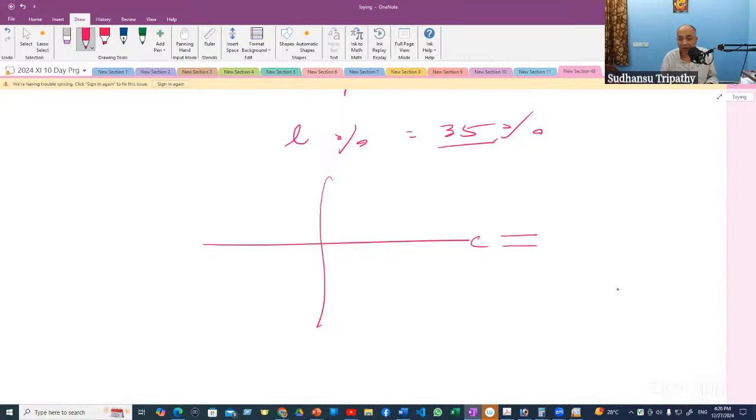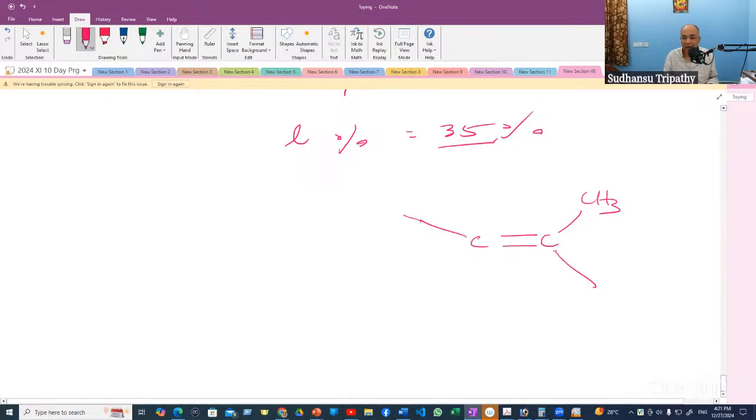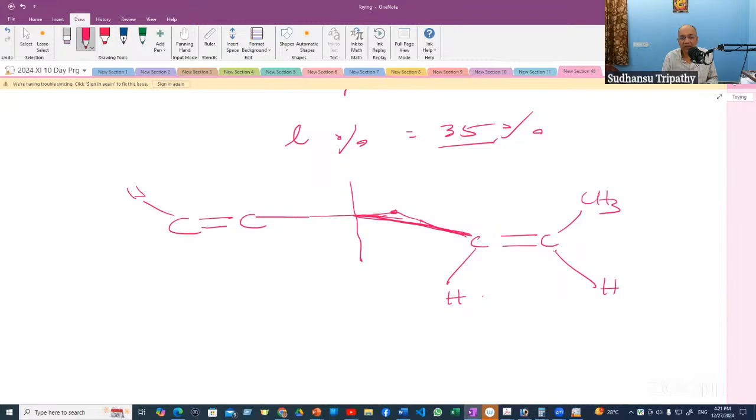For example, on one side you have a group, and on some other side the same group is there where hydrogen atoms are opposite.